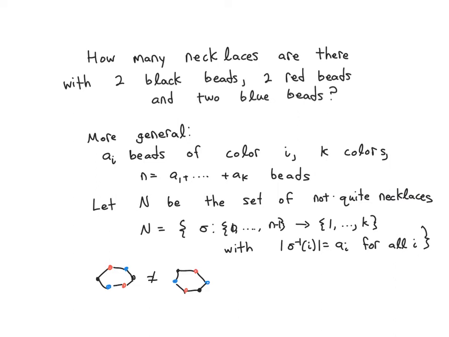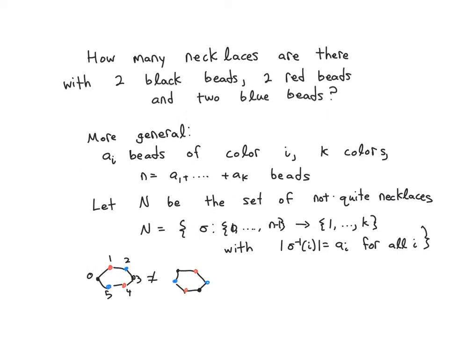And so if you've labeled the locations clockwise from 0 to n minus 1, what you're really looking at is a function that tells you what the color of the ith bead is. And of course, in general, instead of using k colors, we're going to name the colors as numbers.